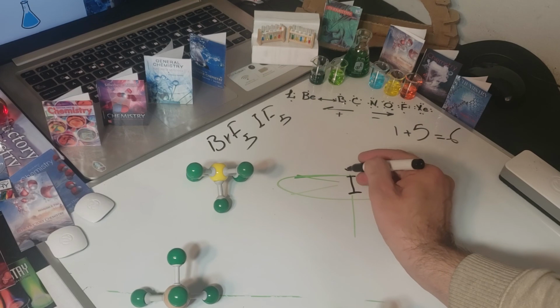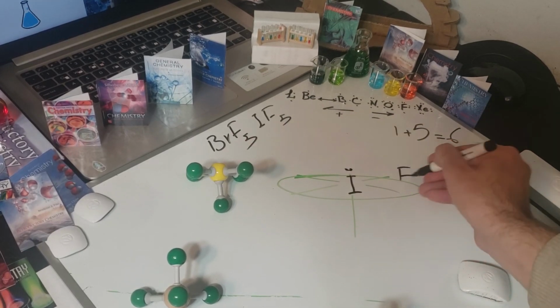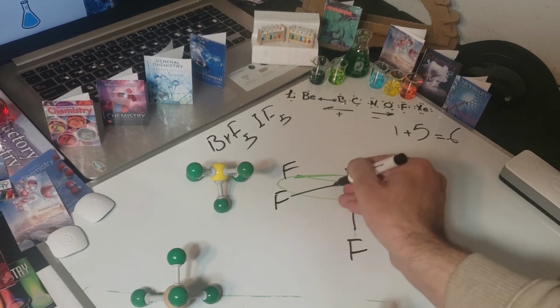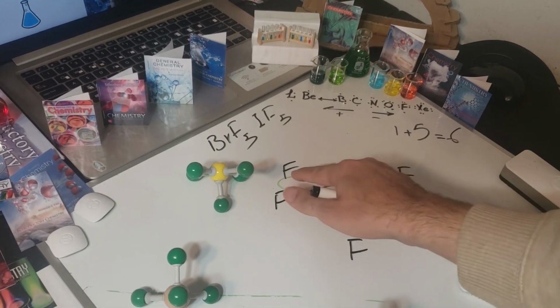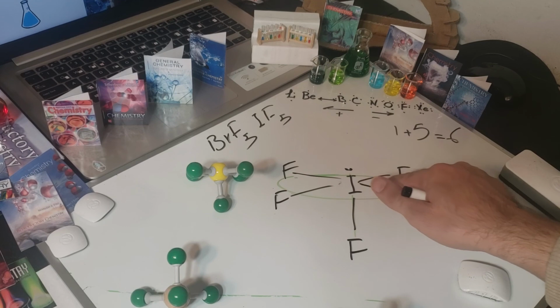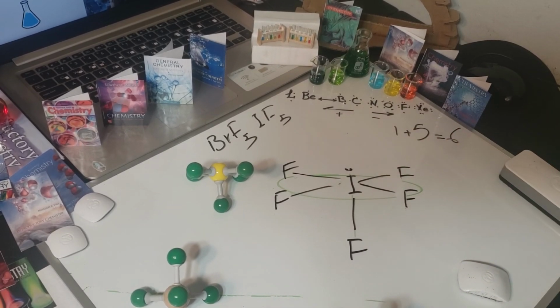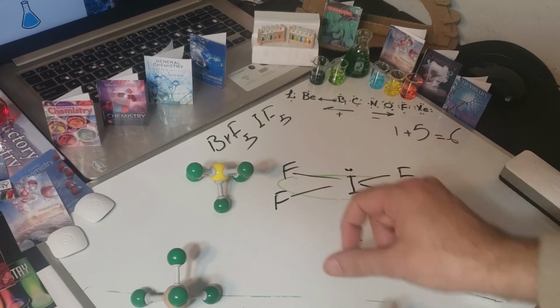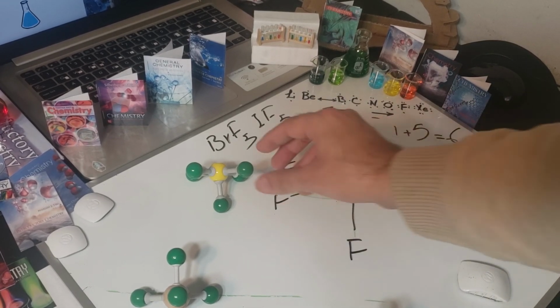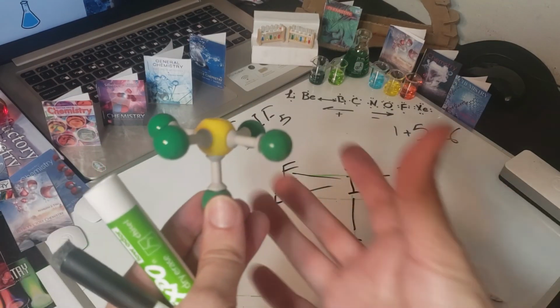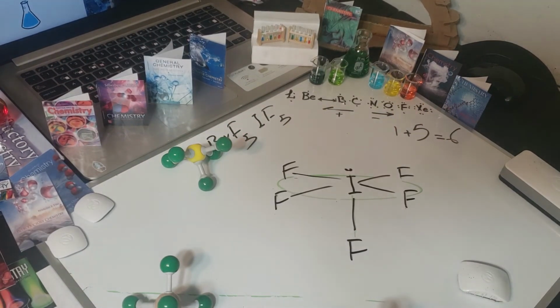Here I put it on the top to represent the shape that I have here in my model. Finally, erase those lines to make sure that these are single bonds, not double bonds. This is a square pyramidal geometry.